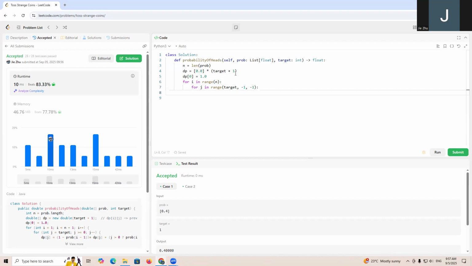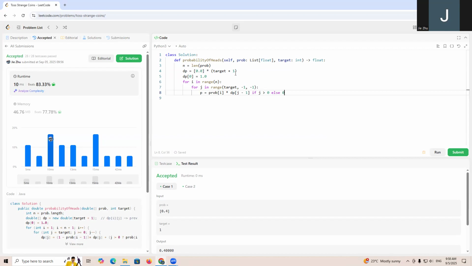Then p, the probability, equals prob[i] multiplied by dp[j minus 1] if j is greater than 0, else 0.